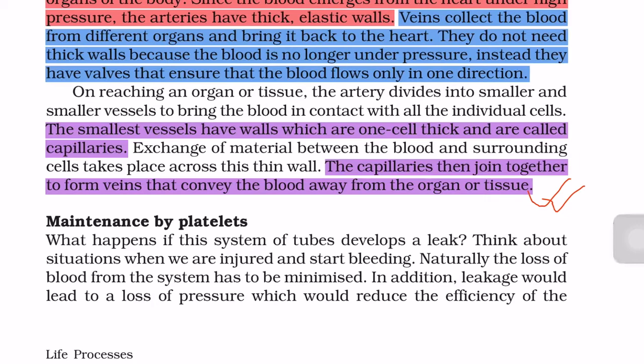So in this way, the blood from the heart first goes to the different body parts. After that, the impure blood coming from the different body parts comes to the heart again. So in a single cycle, the blood passes through the heart 2 times. That is why this type of circulation is called double circulation.